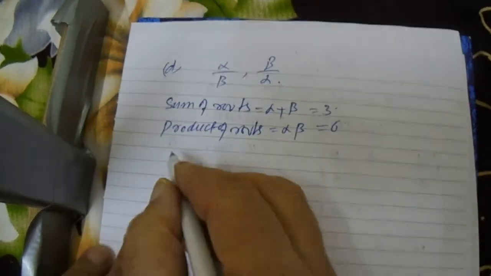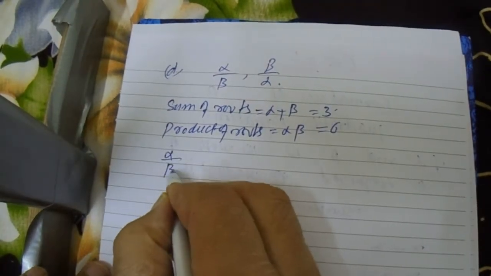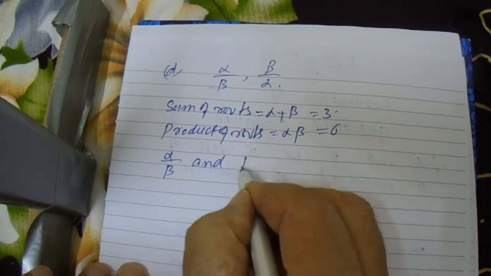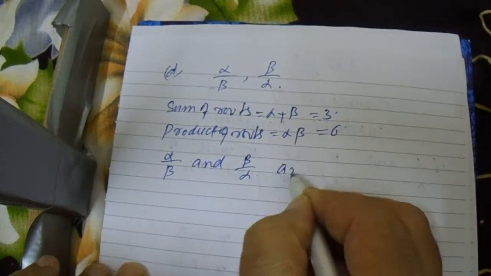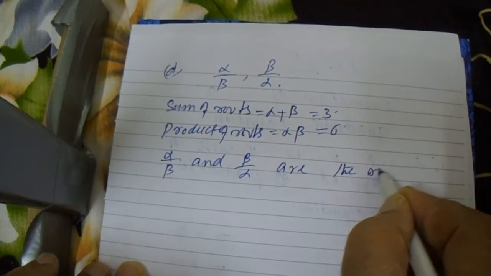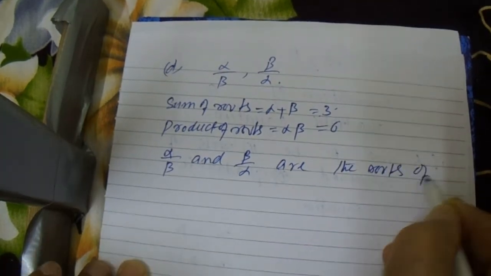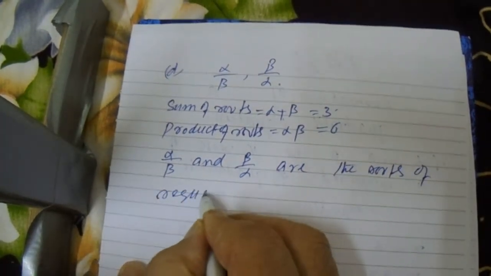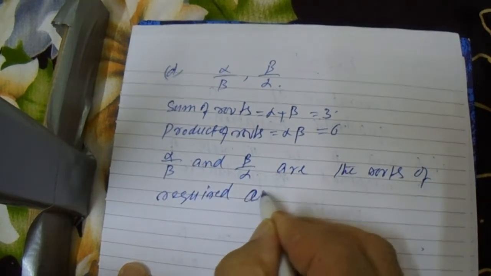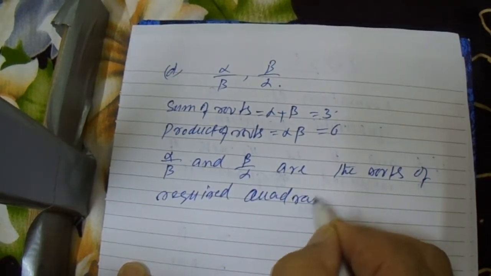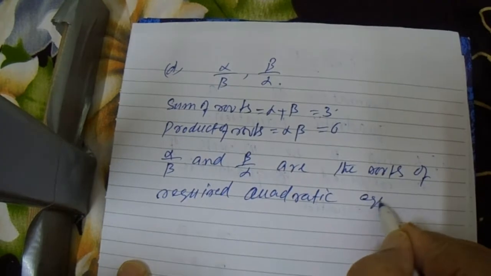Now alpha over beta and beta over alpha are the roots of the required quadratic equation.